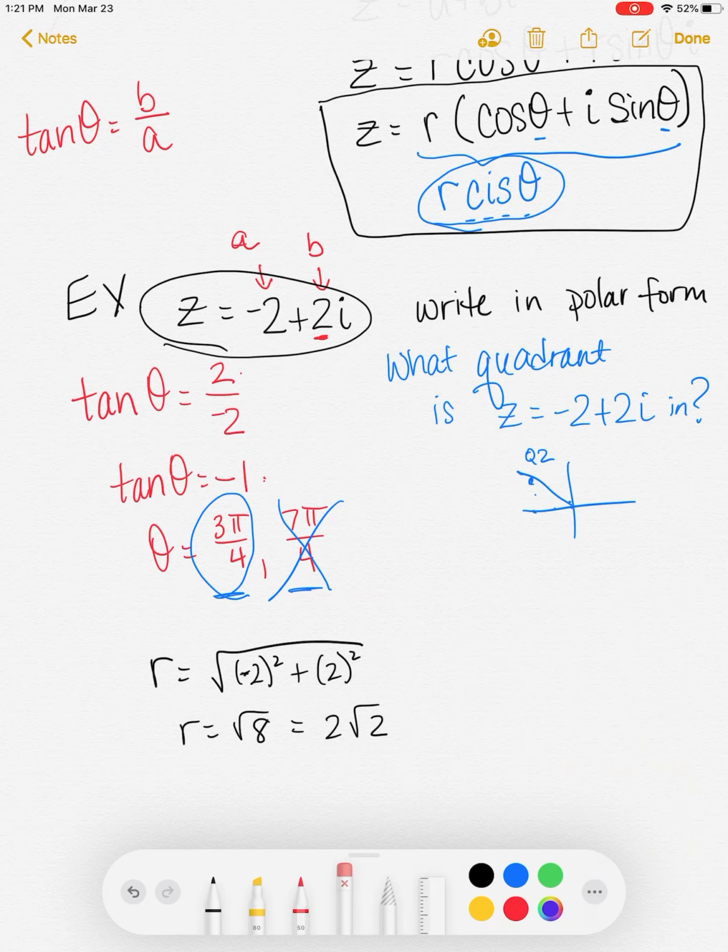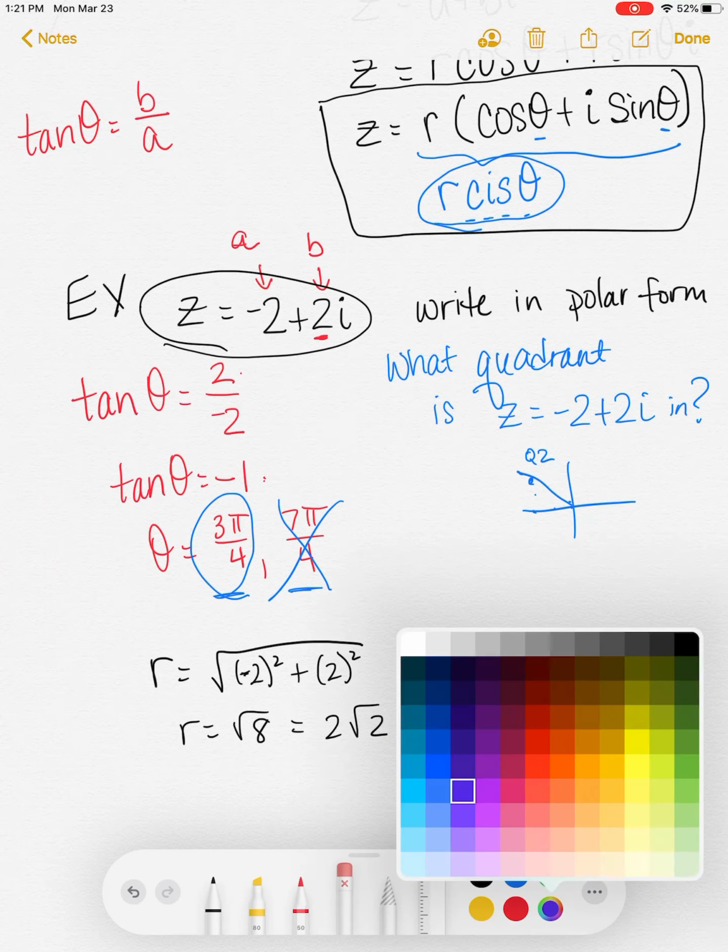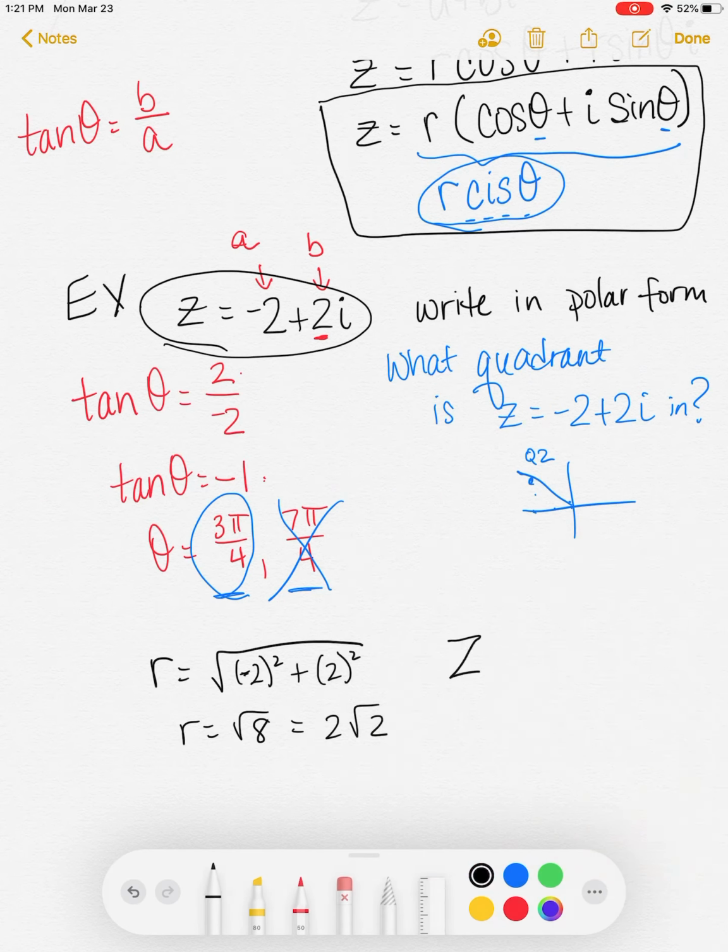Z is equal to r, that's 2 square roots of 2, times the cosine of 3 pi over 4 plus i sine of 3 pi over 4.